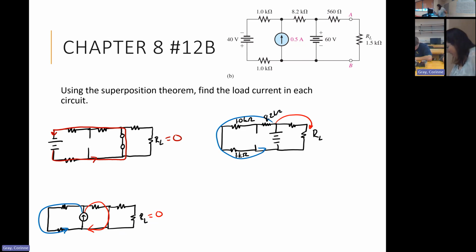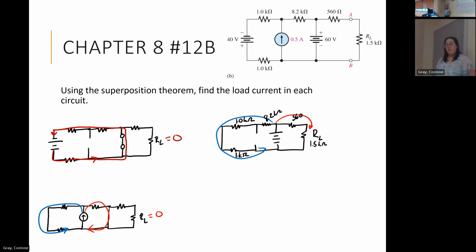What do we know about the 560 ohm resistor and the 1.5 kilo ohm resistor of RL? They're also in series. What do we then have for them together? They're in parallel. So we can find that total resistance value and solve for it, and then solve for the current.